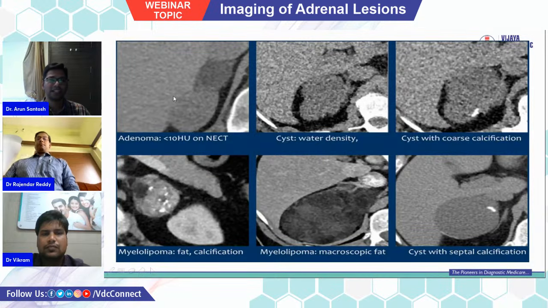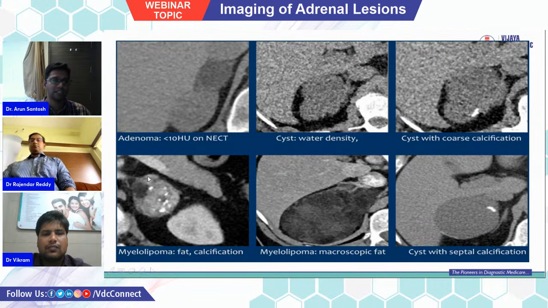So just to summarize, the benign-looking adrenal lesions we commonly tend to see on a plain CT scan: this is an adrenal adenoma, which, as I already told, if it is less than 10 HU, mostly we will label as adenoma in our routine practice. If we see fluid attenuation within it, sometimes we can label it as an adrenal cyst, and sometimes these cysts can show foci of calcification.